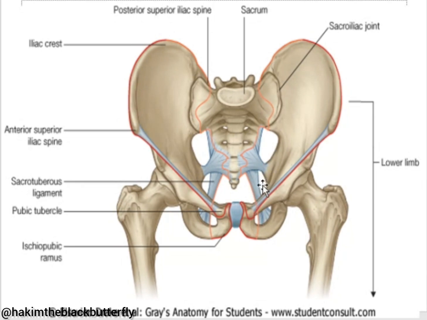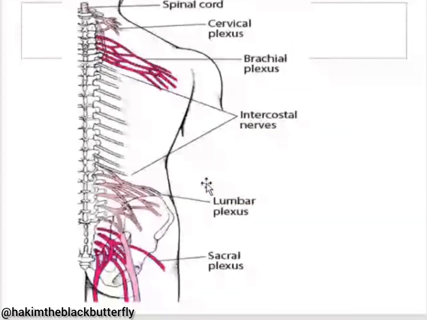And these openings are very important when we are looking at the muscles of the gluteal region, and they are bilateral on both sides. So study the osteology of these bones in detail if you are to understand musculoskeletal anatomy.